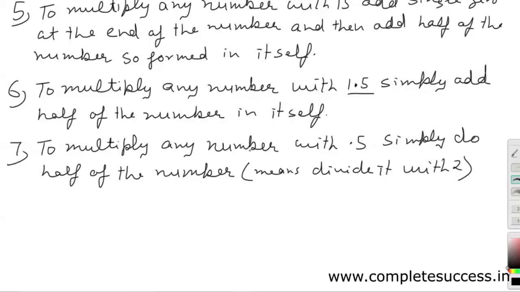To multiply any number with 0.5, simply take half of the number, means divide it with 2.